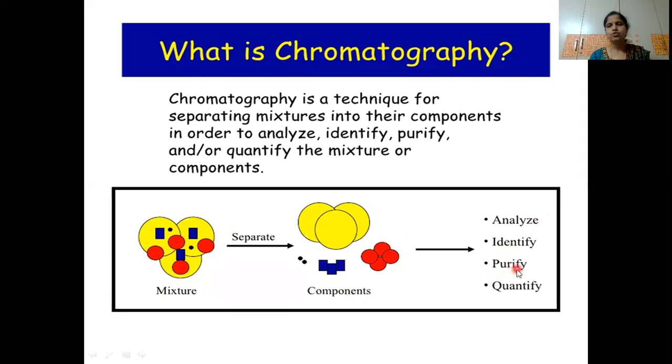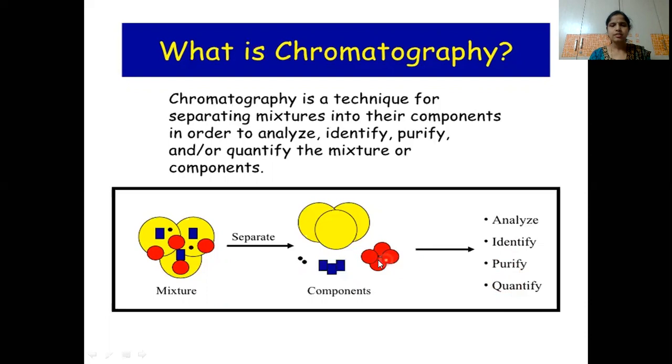Then it is also used to purify. After separating the components, whether the separated component is pure or not, that also we can easily identify by chromatography. And also it is used for quantifying the components. Quantifying here means we can find out the amount of the component present in the mixture.